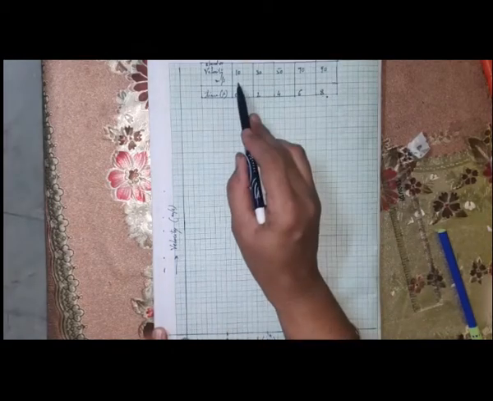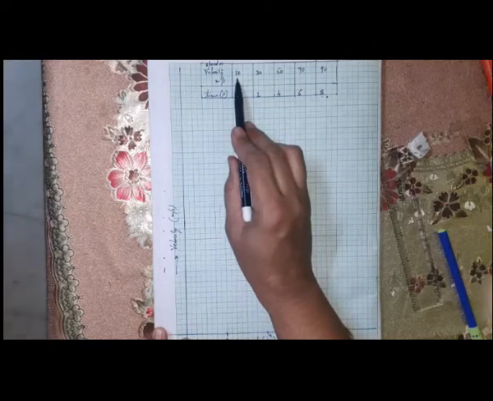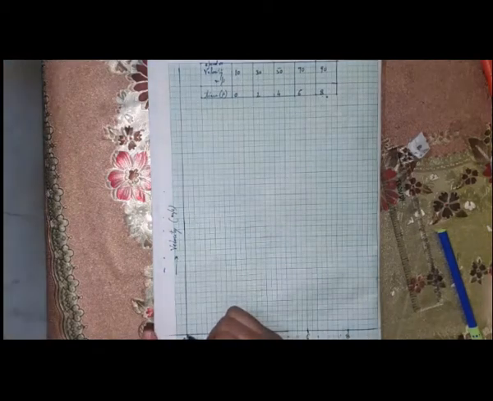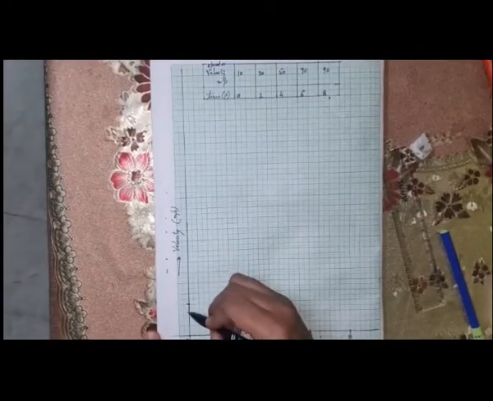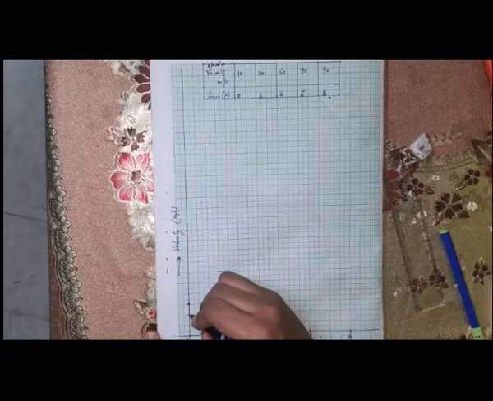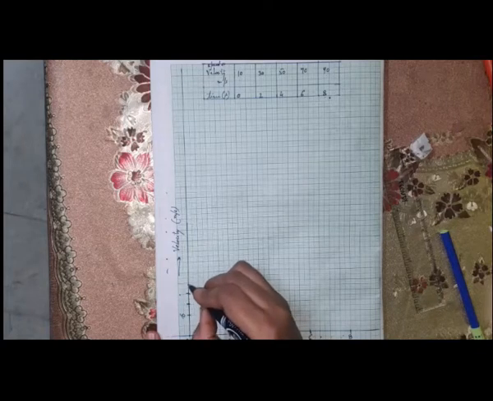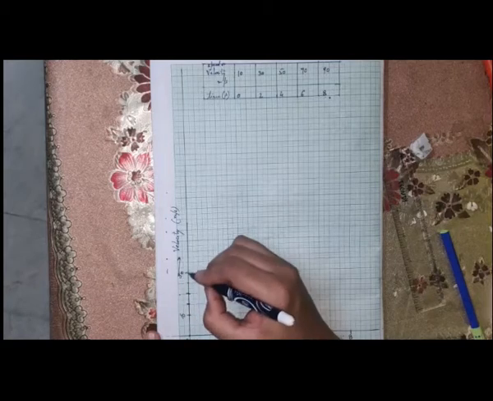Similarly, I can choose here. Now here I need 5 points, not 4. This is 10. Fine, and it is not 0, so I am not starting from 0 here. It should be 10. I start from here. See, this is 10. So 1, 2, 3, 4, this is say 30.